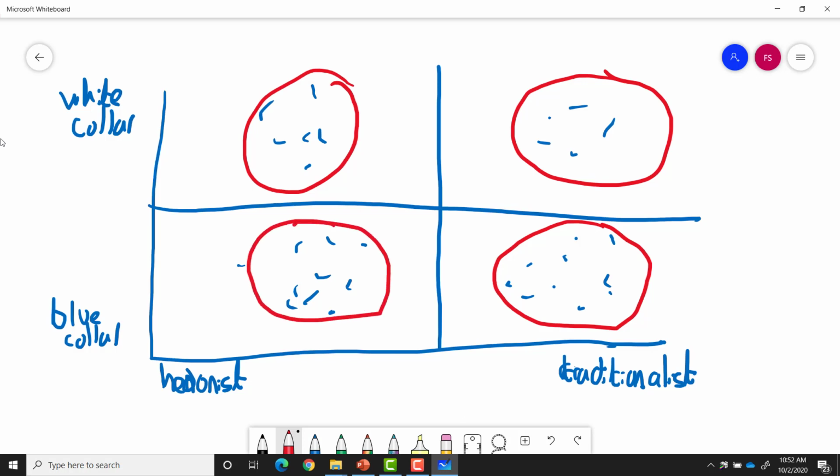And we could add additional segmentation bases. We could add rural, urban. We could add a political affiliation, liberal, conservative, etc. But that was just a very simple example of how we do this type of segmentation.